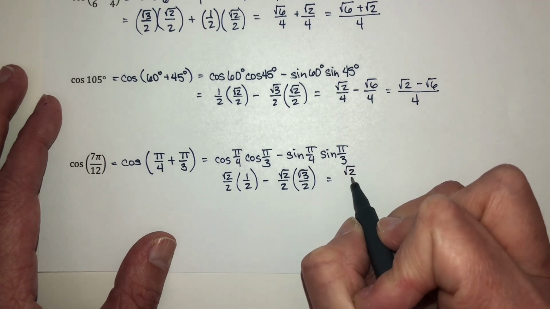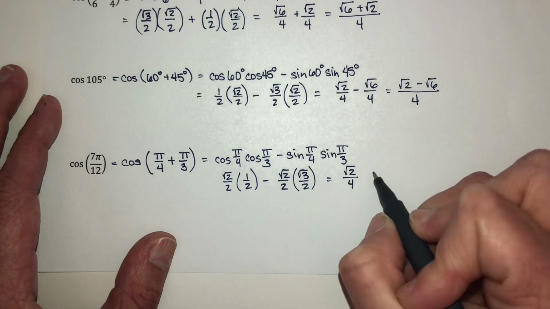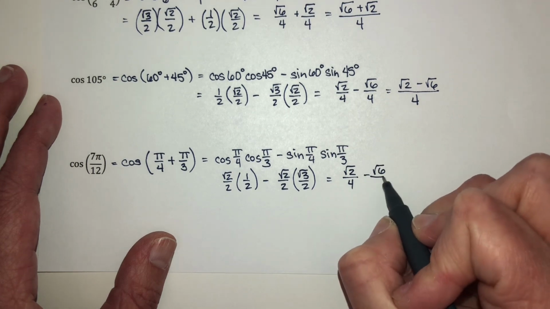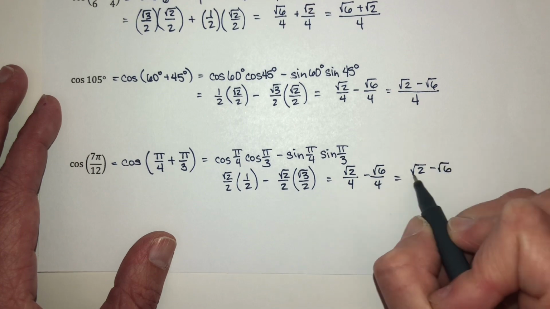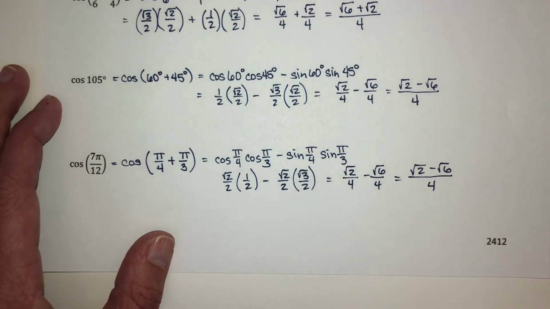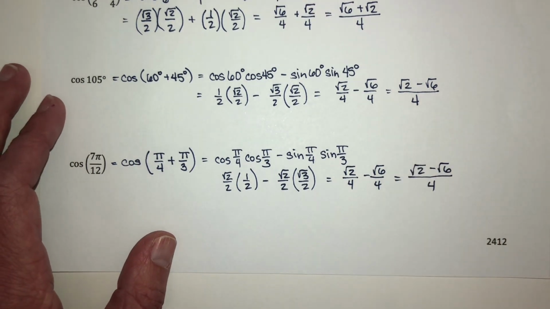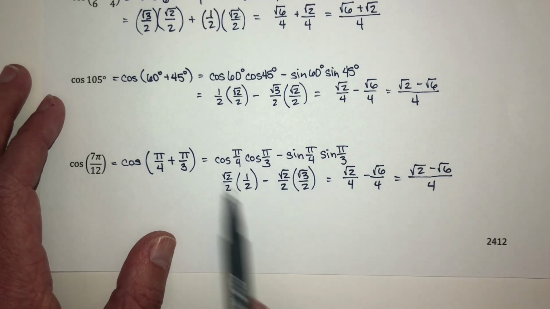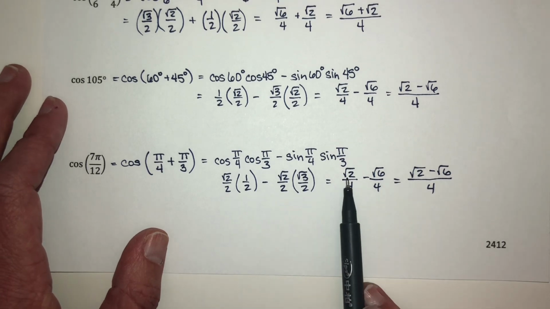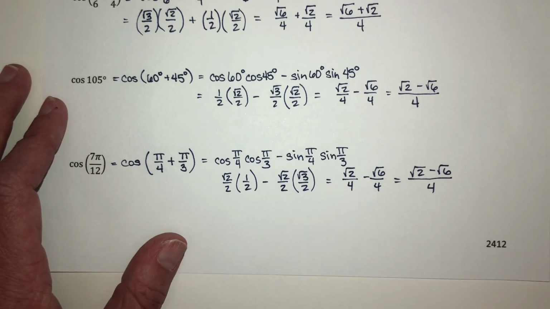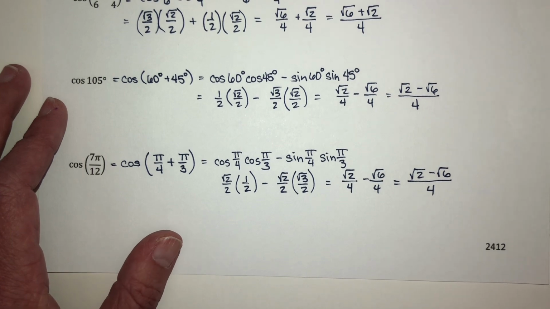So we have square root 2 over 4 minus square root 6 over 4. So we end up with the same answer we did previously. Okay, and just because of the angles that we do know, you're going to end up with square roots of 2, square roots of 3, square roots of 6 in a lot of these problems.